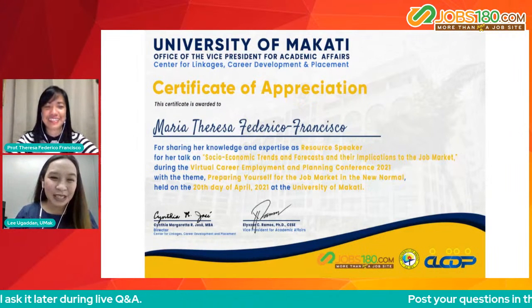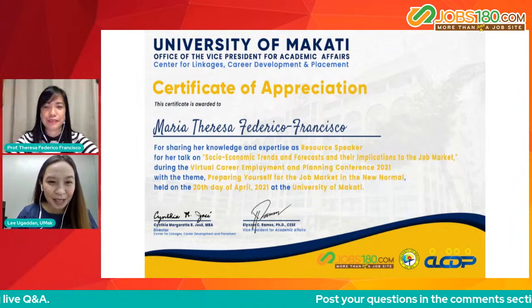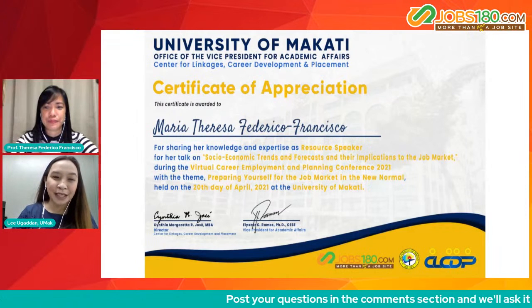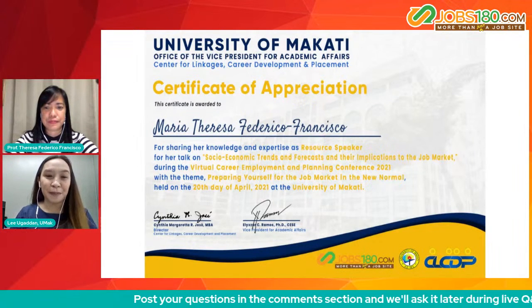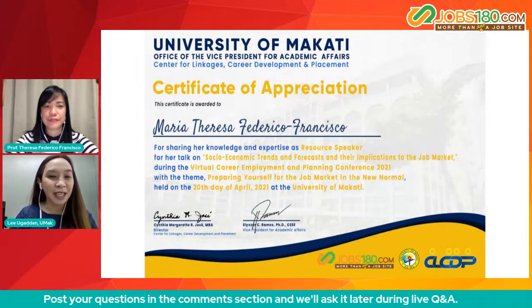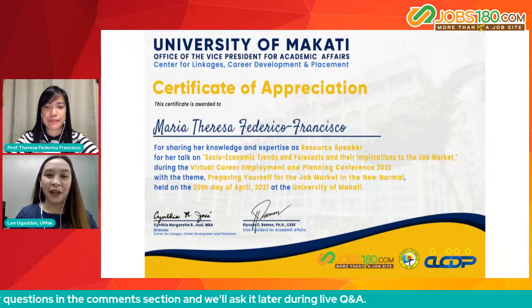Signed by Ma'am Cynthia Margareta R. Jose, MBA, the Director for Center for Linkages in Career Development and Placement, and also the Vice President for Academic Affairs, Dr. Elixir C. Ramos.